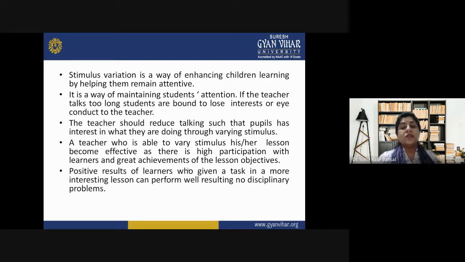A teacher who is able to vary stimuli makes the lesson effective, as there is high participation of learners and great achievement of the lesson objectives. Learners given a task in a more interesting lesson can perform well, resulting in no disciplinary problems. So this is actually very important.